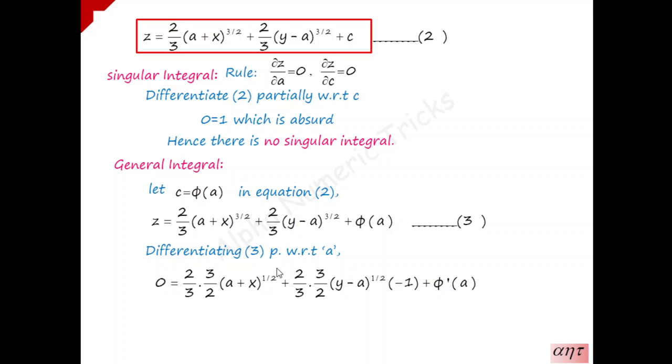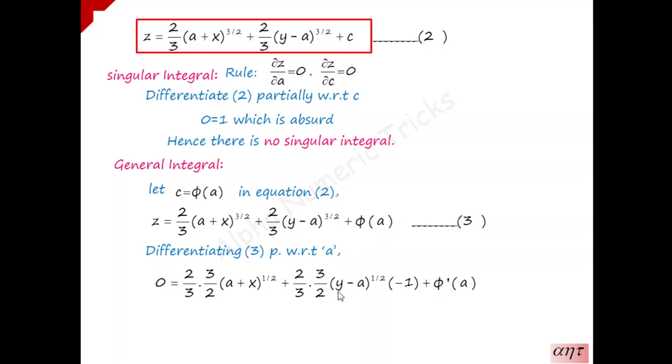Plus 2 by 3 into, here also we apply the same formula because we are differentiating with respect to a, and a is present here. N here is 3 by 2, so 3 by 2 into y minus a, in the place of x you have y minus a, whole power 3 by 2 minus 1, that is half, into the partial differentiation of y minus a with respect to a.